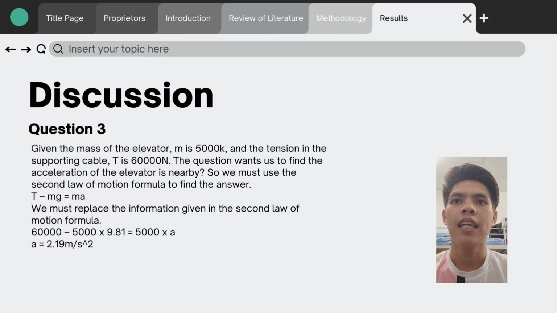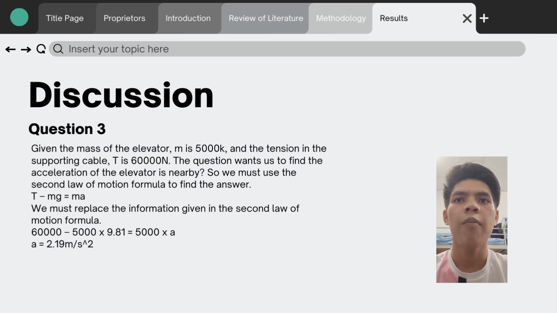Okay, question 3. Given the mass of the elevator is 5000 kg and the tension in the supporting cable is 60,000 Newton. The question wants us to find the acceleration of the elevator. So we must use the second law of motion formula to find the answer.